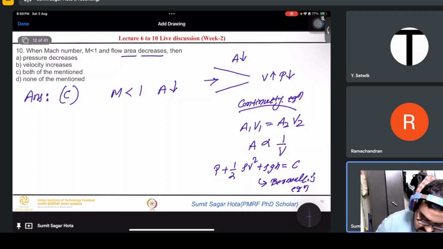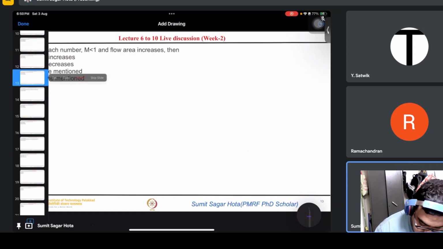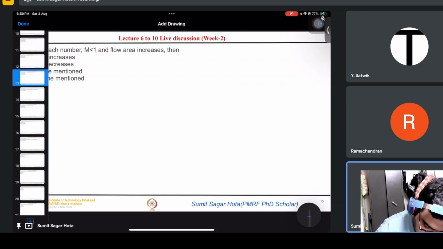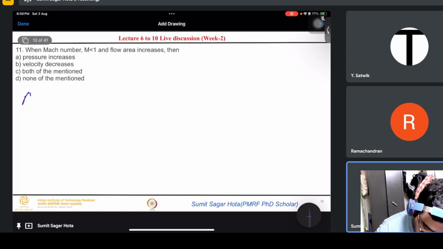Okay, let's go to the next one. This is also a similar one. There we saw the nozzle, here it's the diffuser. Here in the same conditions, the Mach number is less than 1 and the area, instead of decreasing, is now increasing.